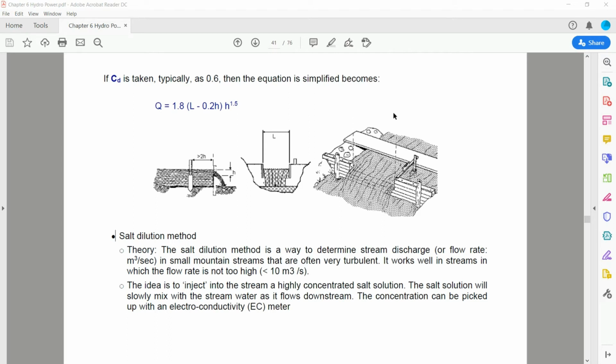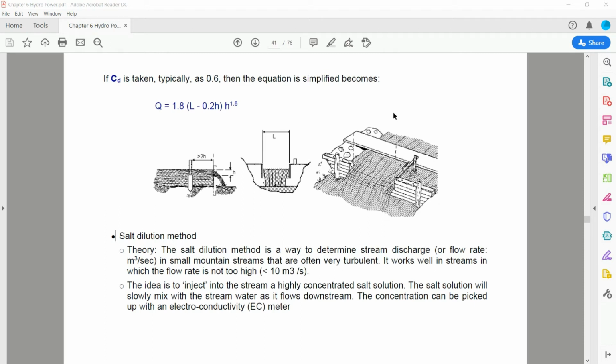It works well in streams in which the flow rate is not too high, less than 10 cubic meter per second. The idea is to inject into the stream a highly concentrated salt solution. The salt solution will slowly mix with the stream water as it flows downstream.